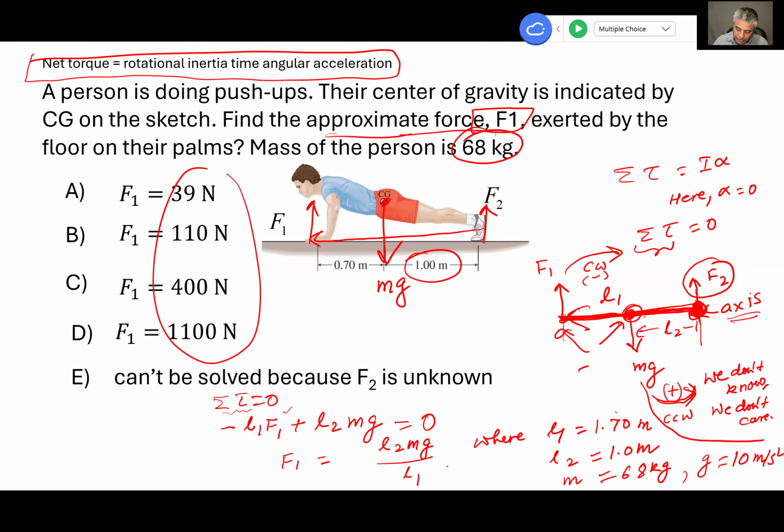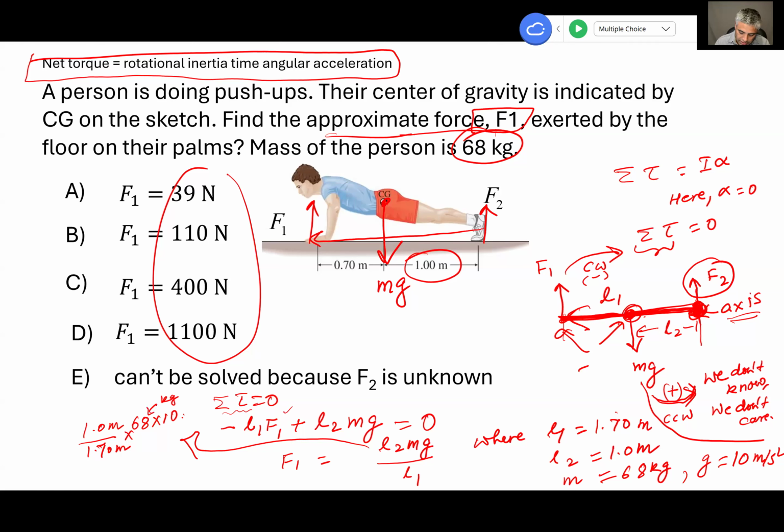Okay, so now we plug in the values. L2 is just 1 meter, and L1 is 1.70 meter, and then m is 68, and let's say g is 10.